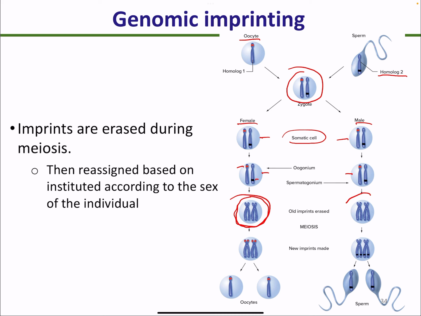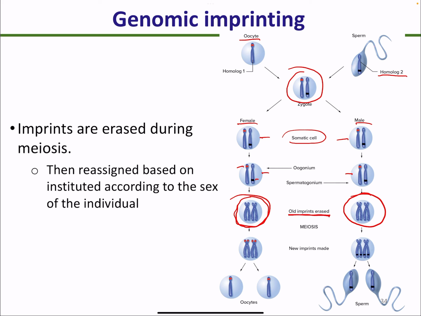So the old imprints are erased, right? That old imprint that is erased is going to be restored. Well, let me cancel that word restored because it's not really a restoration, right? So the imprint is removed, and then we have some new imprints that develop.